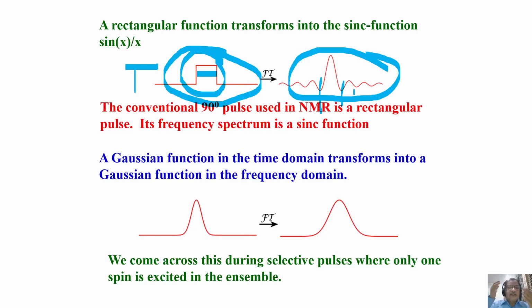This is the Fourier transformation of a rectangular function. The conventional 90-degree pulse we use in NMR is a rectangular or square pulse, but the frequency spectrum is a sinc function.